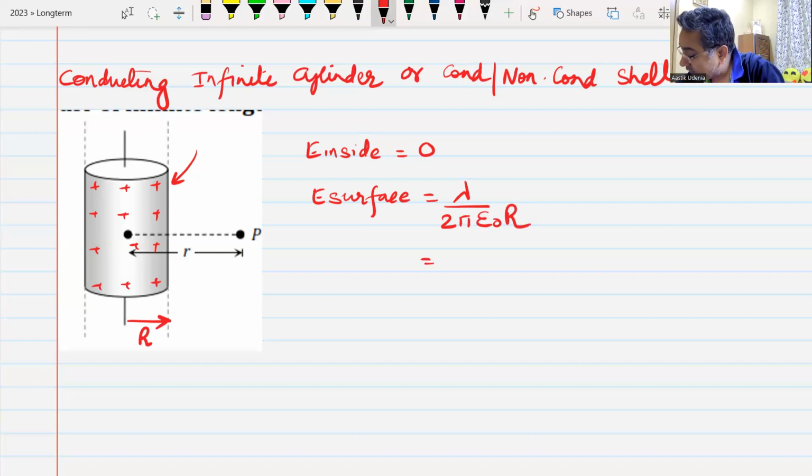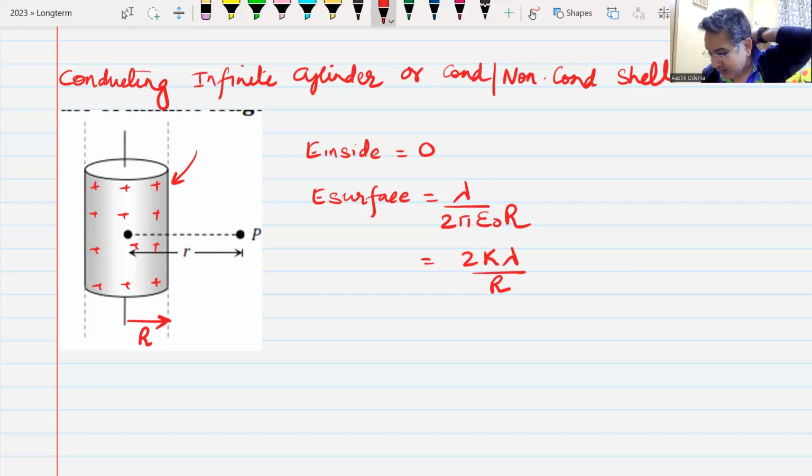Or you can write it as 2k lambda by R. As you can see, this formula is similar to the formula of electric field due to an infinite wire. Yes or no? Yes, sir. So an infinite hollow cylinder or infinite conducting cylinder behaves as an infinite wire. Do we understand this? Yes, sir.